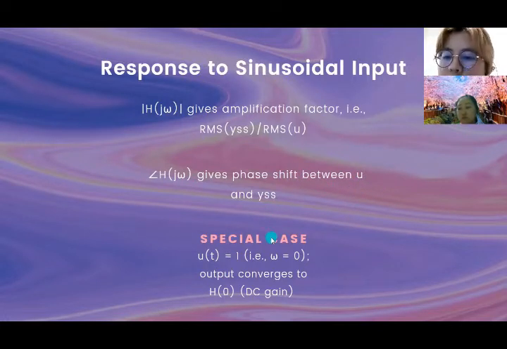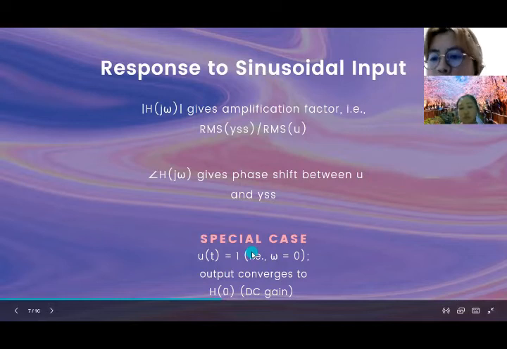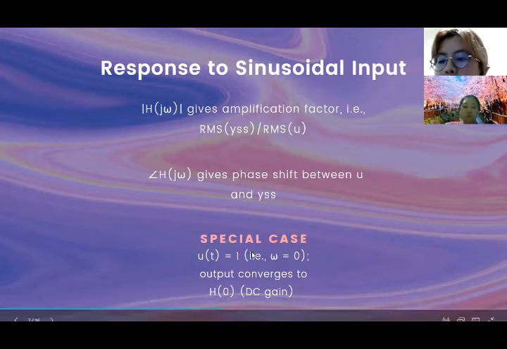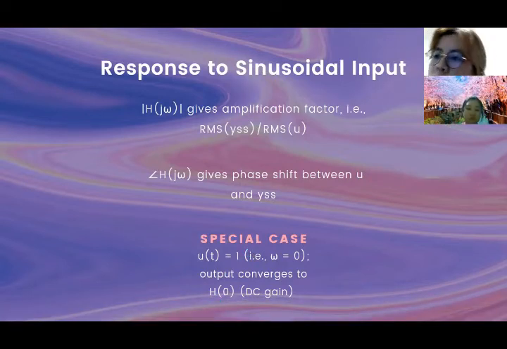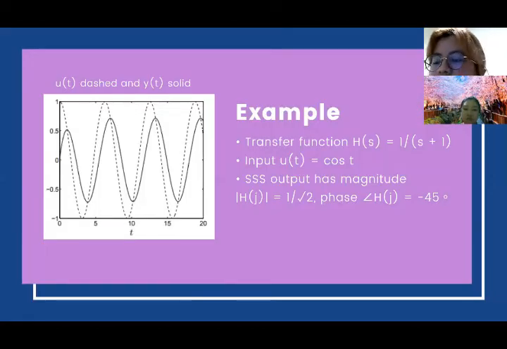However, there is a special case, where u(t) is equal to 1 and omega is equal to 0. The output will then converge to H(0), the DC gain. Here is an example to help us understand the theory a bit more.